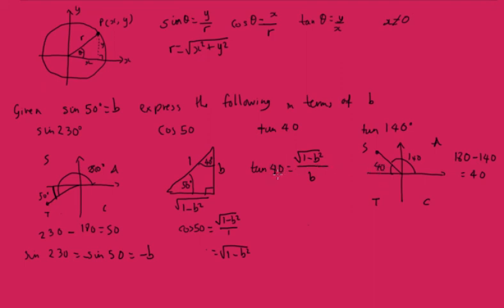Now we already know the tan of 40, so the tan of 140 must be equal to, now look, in this quadrant the tangent's negative, so it must be minus the tan of 40, which equals minus what we've just worked out here, 1 minus b squared square rooted over b. So I hope that helps.